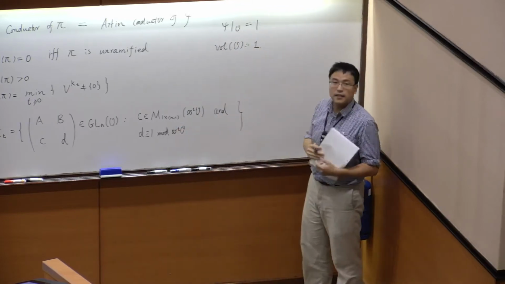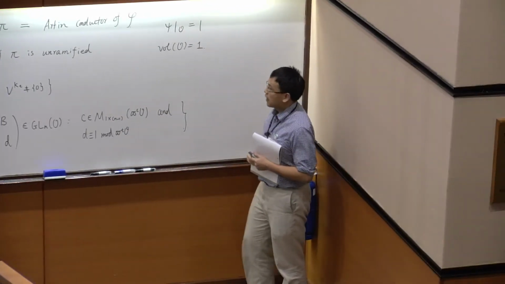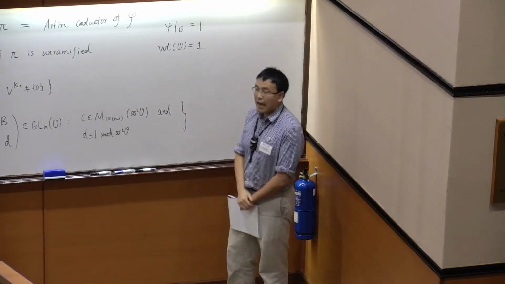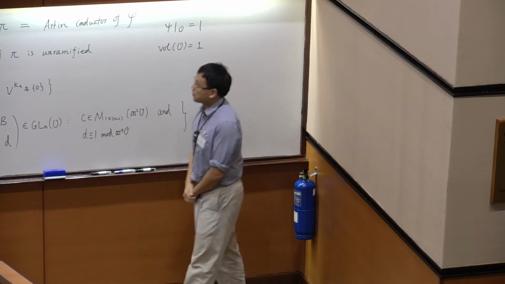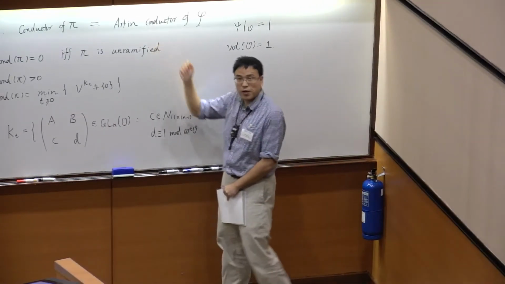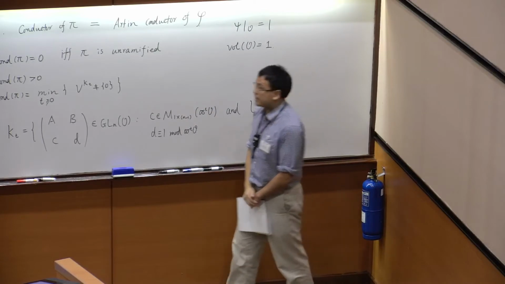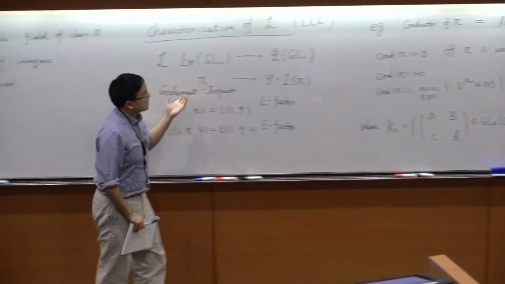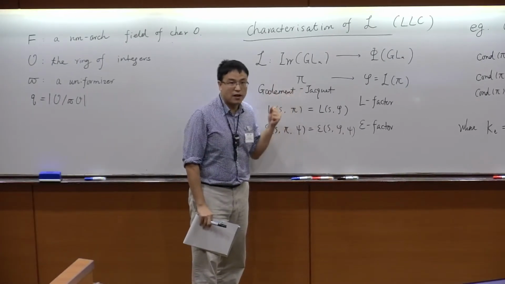So those are the assumptions on the normalizations for the Haar measure and the additive character. After we choose these two, we're going to have these two conductors match. And this is how we translate the information for the local Langlands correspondence.